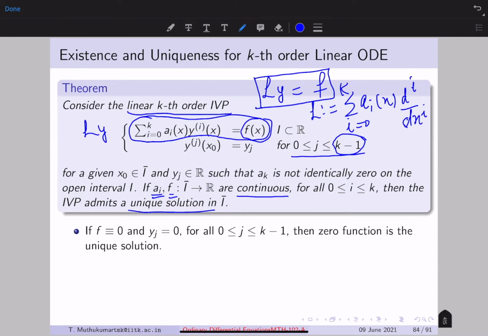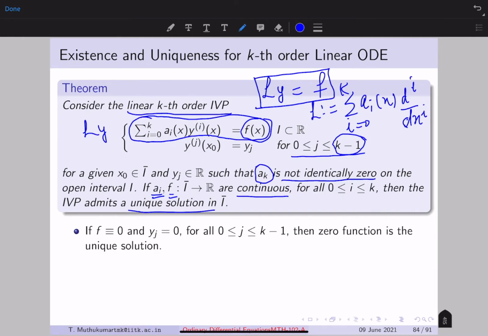And we need to ensure that the leading coefficient, which is a_k, the coefficient of the kth derivative of y, is not identically 0, because in that case it will no longer be a kth order ODE. It will reduce to the first non-zero coefficient of the highest order derivative.